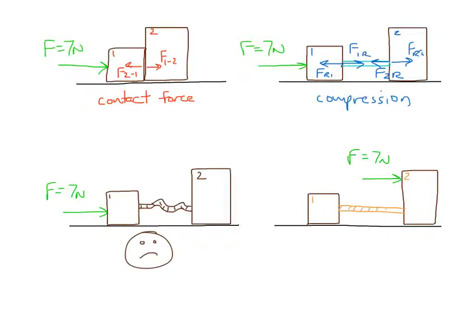All right, and so you will now have a force between box 2 and the rope, and then between the rope and box 1, and so the whole system will move. So much like up here, how the whole system is going to be moving because of the 7 Newton force, same whole system is going to be moving right here because of the 7 Newton force, but simply it's because of what we call tension.